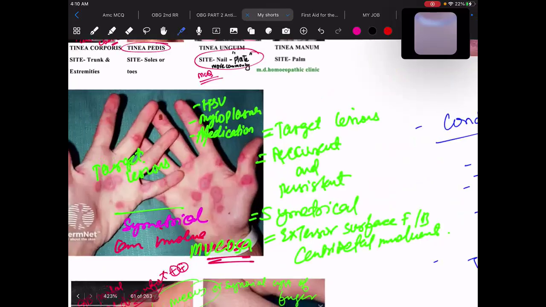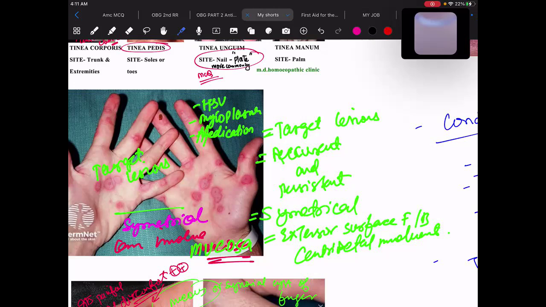See over here, this is what we call target sign lesions. Remember that this is most commonly seen with herpes simplex virus, mycoplasma patients who have a history of sore throat, or it can be due to medications. Erythema multiforme, this is what we call target lesions.